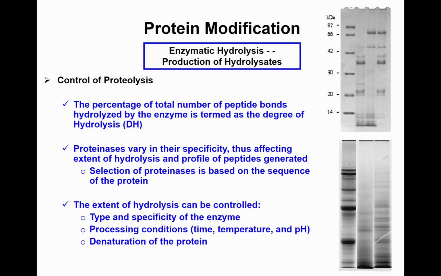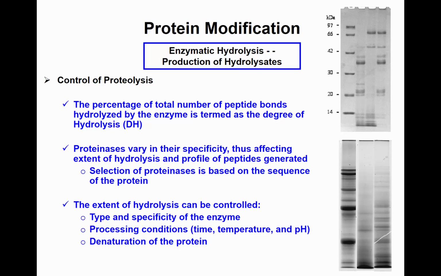You might say, but not all enzymes will release hydrophobic peptides. That's true, but the more you hydrolyze, you tend to release peptides that are hydrophobic, given the fact that there are hydrophobic residues in the protein anyway. So when you denature that protein by breaking it into small peptides, it is more likely that you will have a high perception of bitterness. So one way of controlling proteolysis is limiting the degree of hydrolysis.